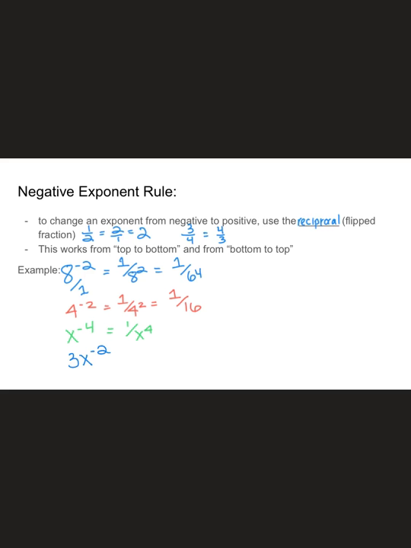And what would happen here is we would only take the reciprocal of that exponent there, so it would end up as 3 over x squared. We just take that x to the negative 2 and drop it down because it's negative and we want it to be positive. You see that? We didn't take the 3 down with it. We just took the x and the exponent. Just put like a little invisible line here. We're going to do some more examples on the other side.